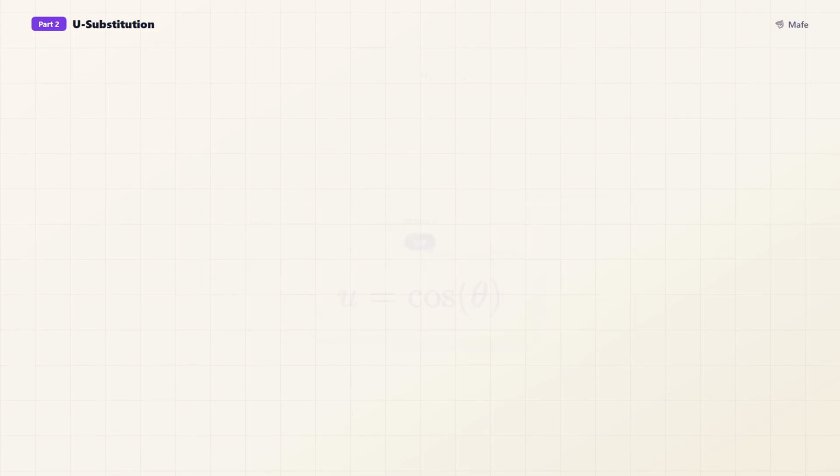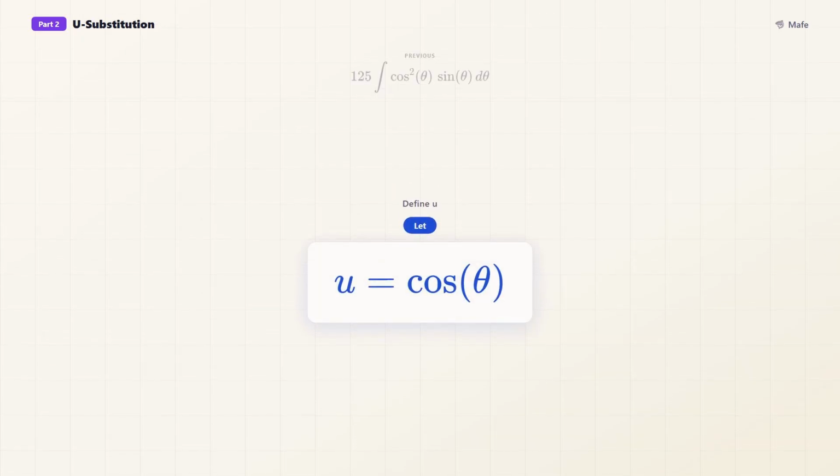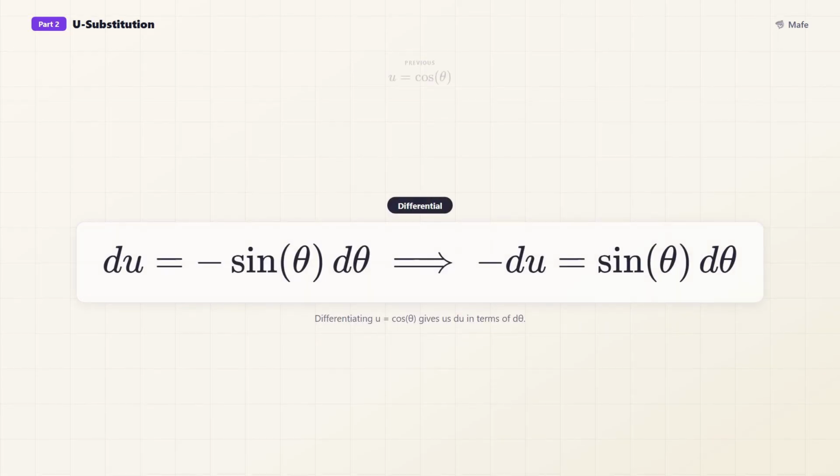This is a key observation. We let u equal cosine theta. Differentiating both sides, we get du equals negative sine theta d theta. Rearranging, negative du equals sine theta d theta.